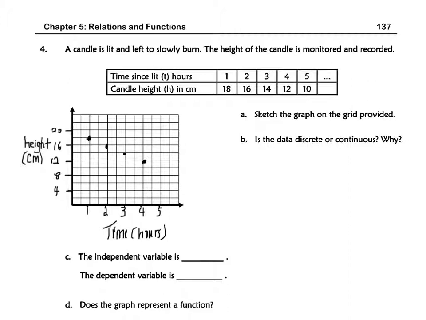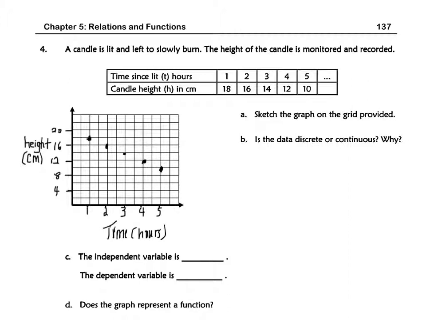And 5 goes with 10. So we just have a few sample points there for our relation, but in this case you know that all the times in between those points have been met, and all the heights of the candle between those points have also been met. The candle just doesn't jump from 18 centimeters down to 16 centimeters. It will gradually go down to 16 centimeters.